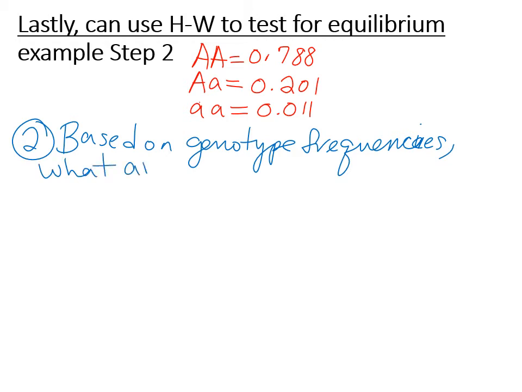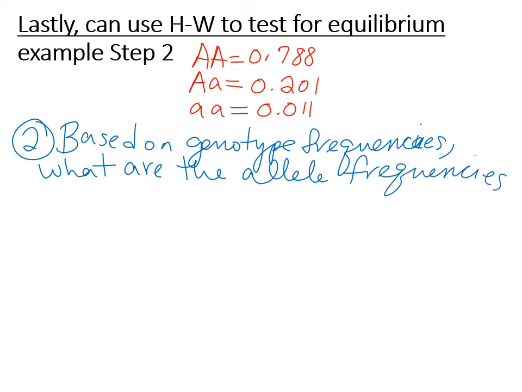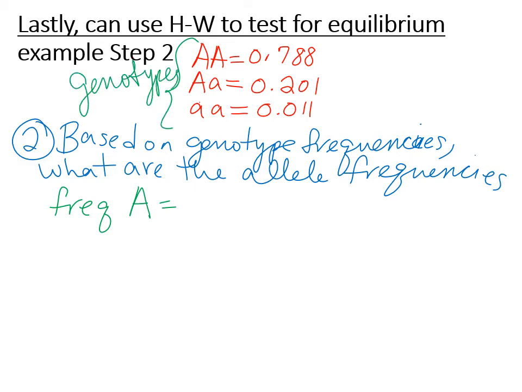what are the allele frequencies? Okay, so we now want to do first the frequency of our first allele, capital A. Well, again, in order to do that, you go to your genotype frequencies and you ask yourself, where do you see the letter A, right? So I'm going to do this the second option that I showed you, where you're using the genotype frequencies themselves.